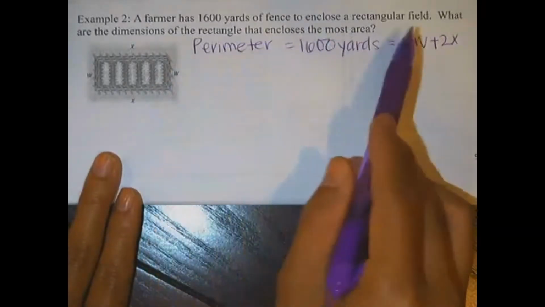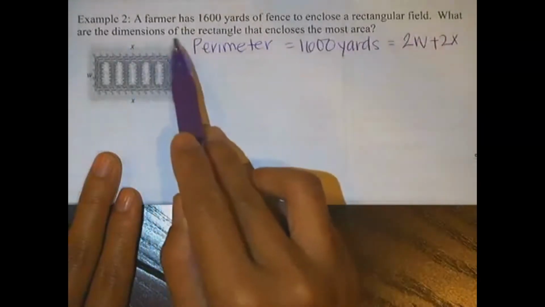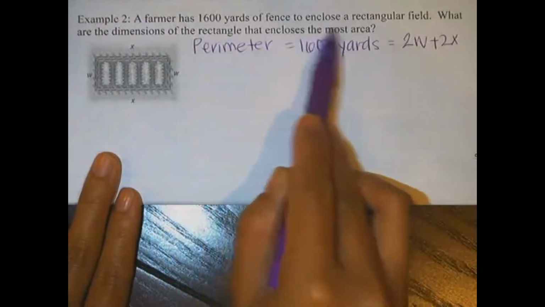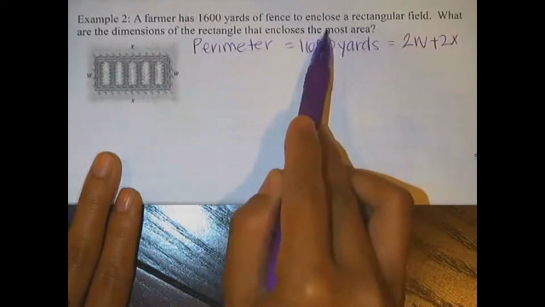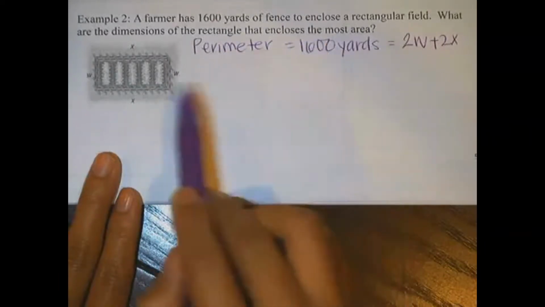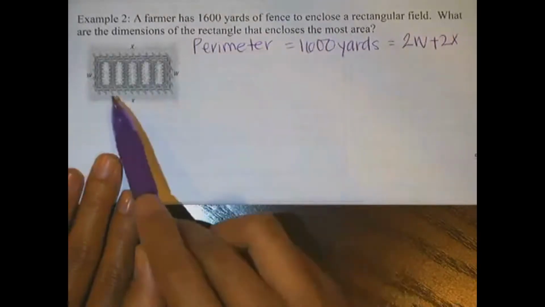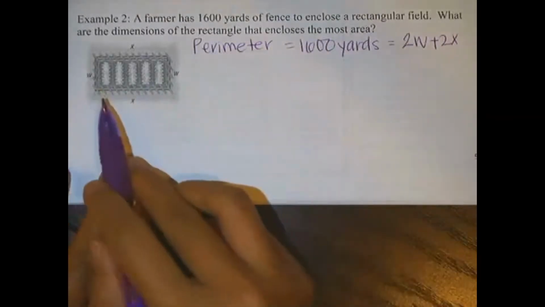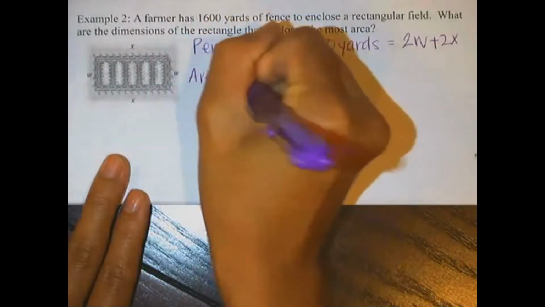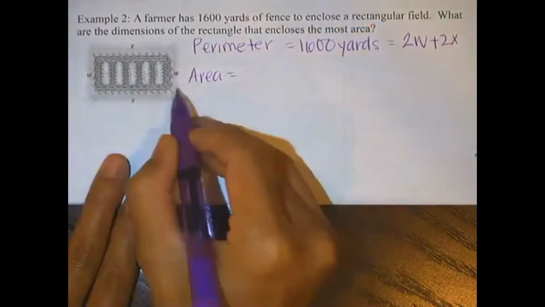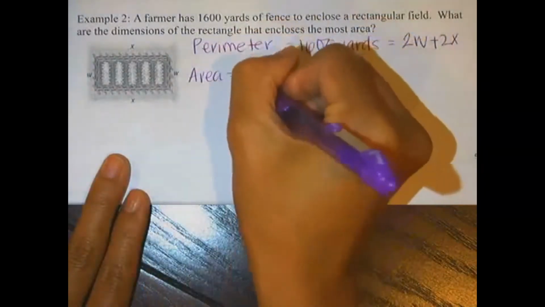It's asking what are the dimensions of the rectangle that encloses the most area. So I want to know what I need to do to make the largest area for my garden, or for my chicken, or for my pig, whatever it is that I have to use this fence for. So area equals base times height, which in this case is x times w.